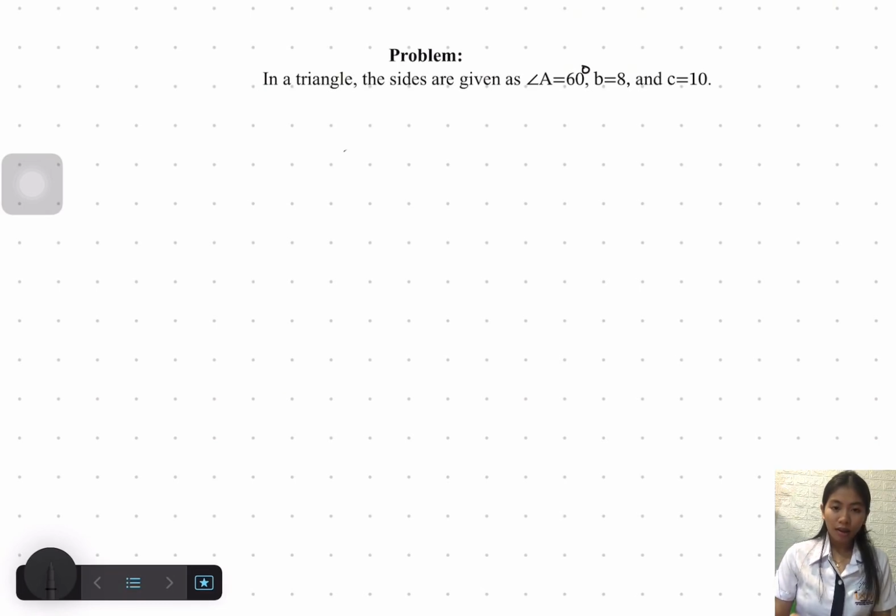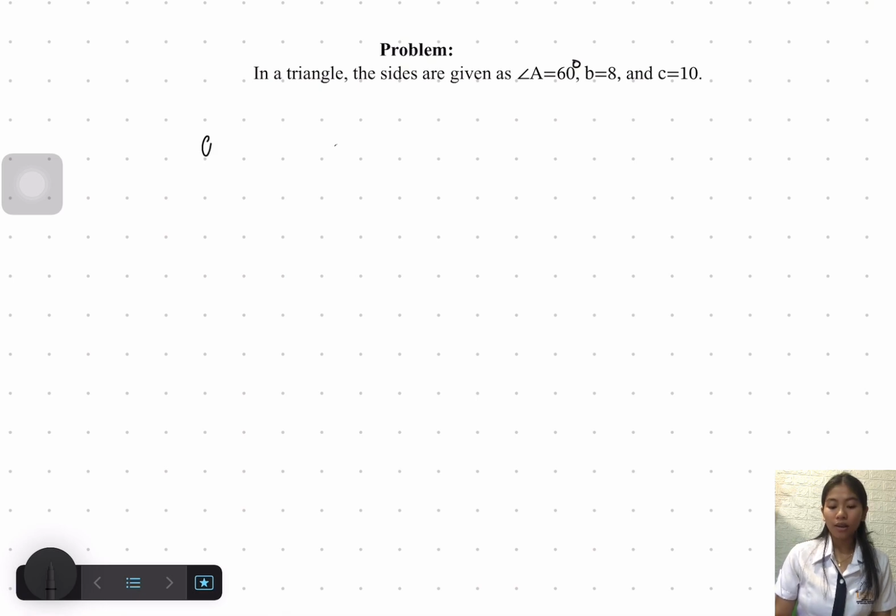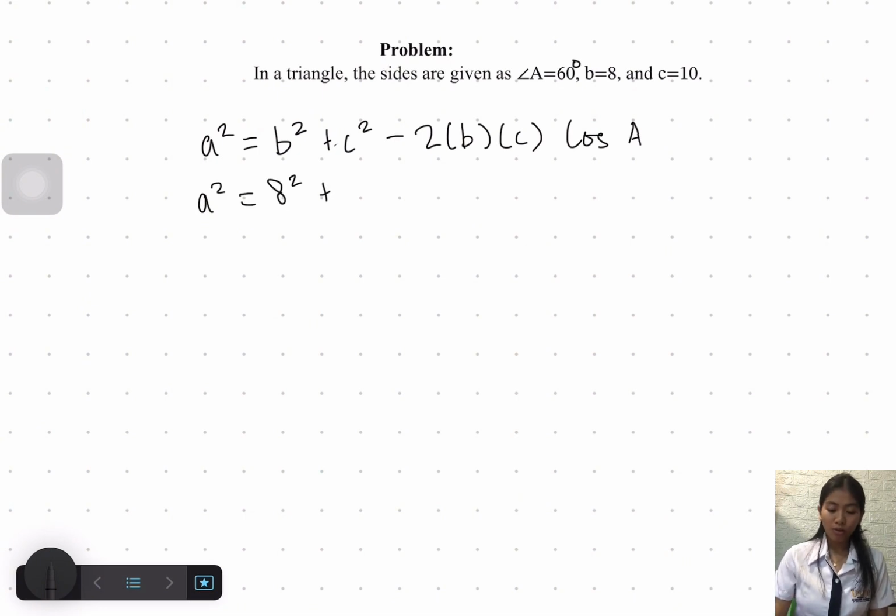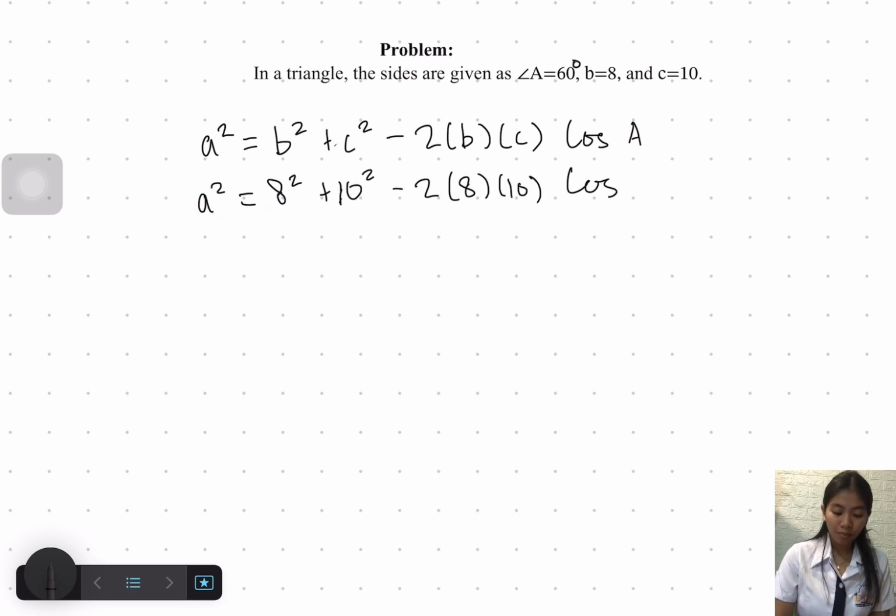It states that to find the a side, a squared is equal to b squared plus c squared minus 2bc cosine A. So substitute that. 8 squared plus 10 squared minus 2 times 8 times 10 times cosine 60. a squared is equal to 64 plus 100 minus 160 times 0.5.